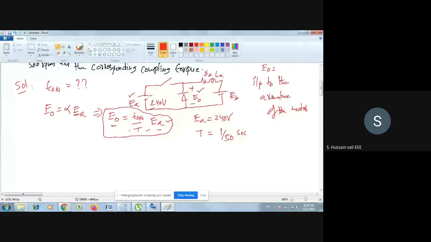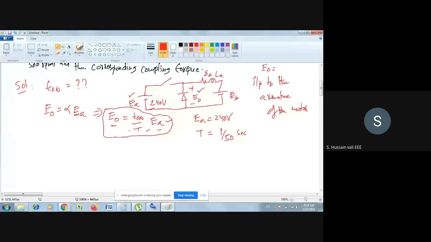So what is the procedure to find it out? How do we proceed? There is an equation there. The equation here is for the input to the motor. So you apply KVL.